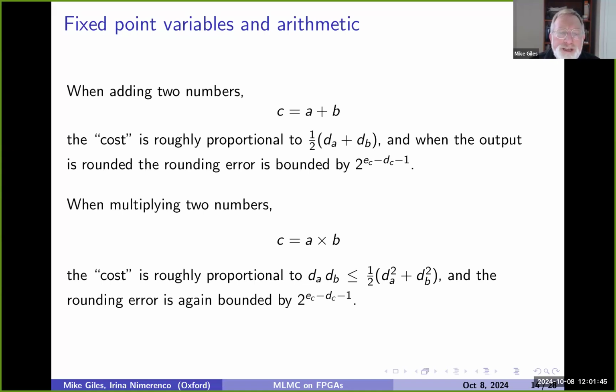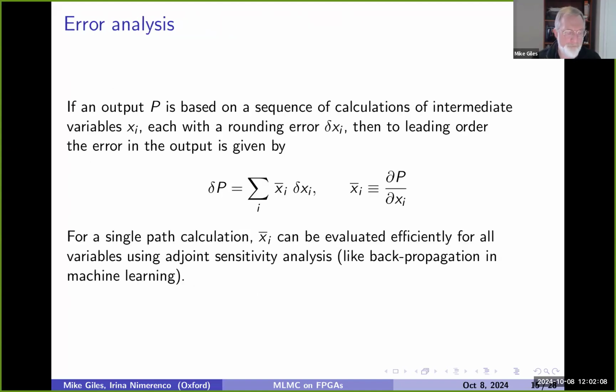And we choose to bound that instead being 1/2 of the average of the squared quantities. And I'll explain on the latest slide why that's a convenient way to do things. Okay, and again, the rounding error is bounded by that same number.